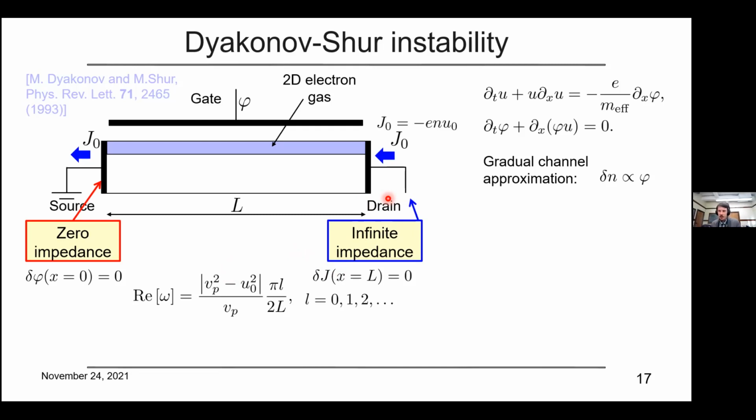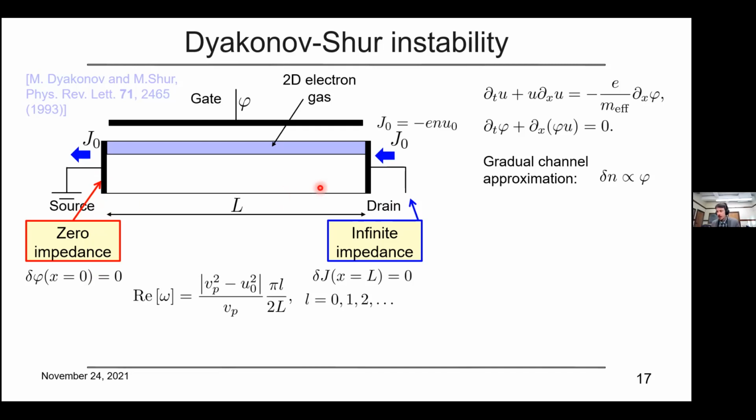This could be achieved, for example, by coupling it to a large coil. This means that all oscillations of current there are vanishing. On the other hand, the source is grounded. In other words, this means that the voltage oscillations vanish at the source.